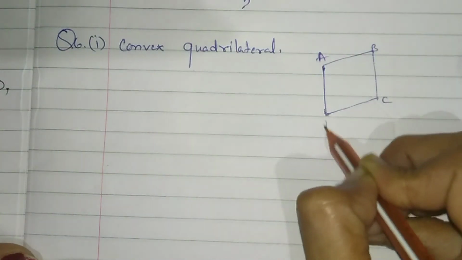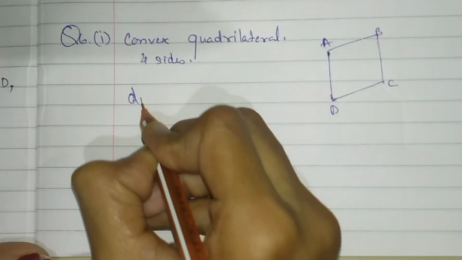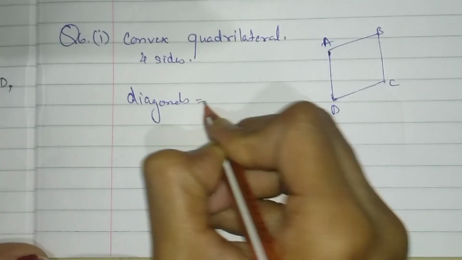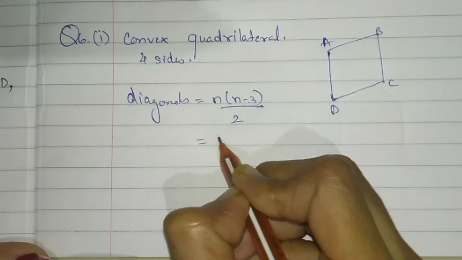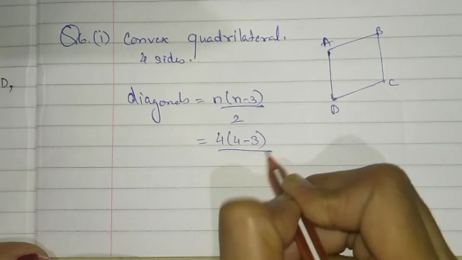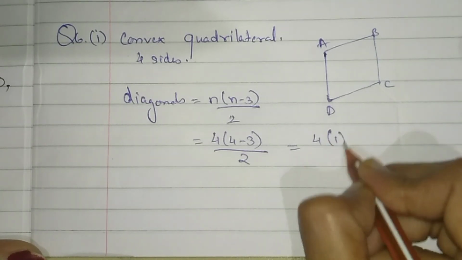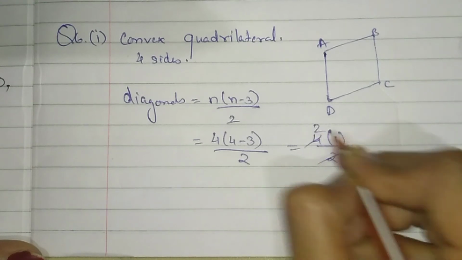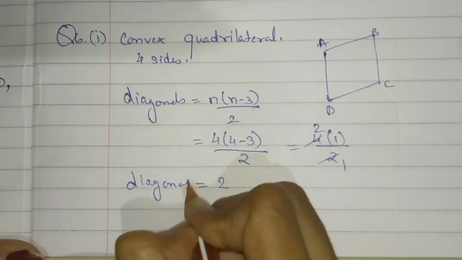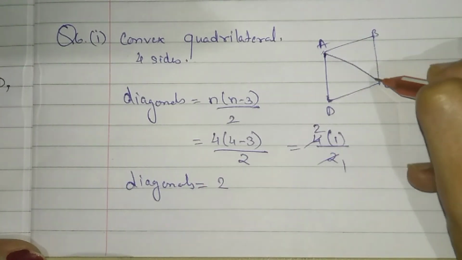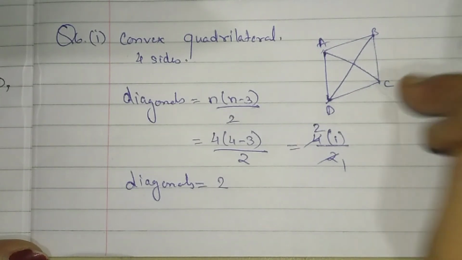So n is 4, so 4 times (4 minus 3) upon 2, that is 4 times 1 upon 2, so 2. So how many diagonals? Only 2. You can write directly also here, AC and BD are the diagonals. You can check it from here.